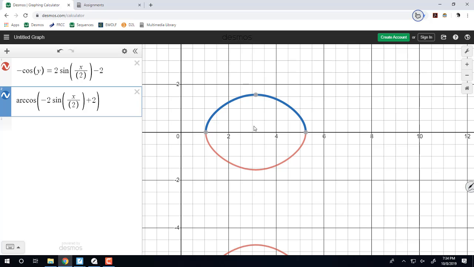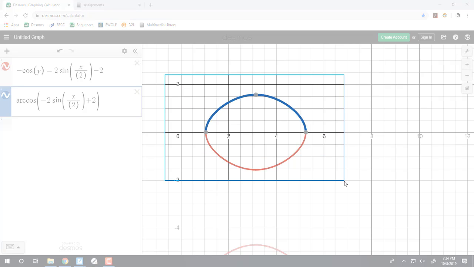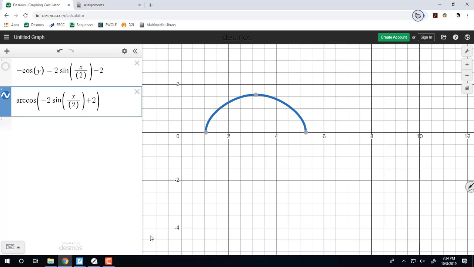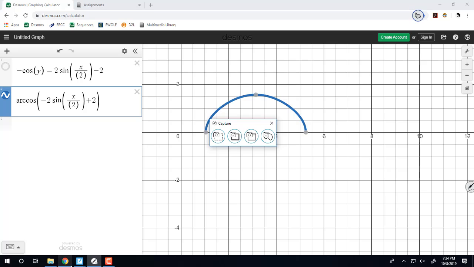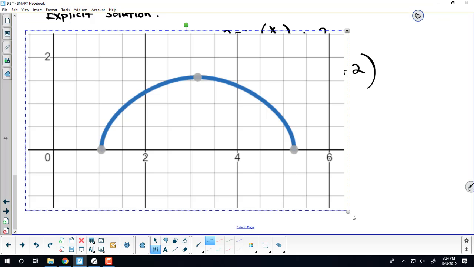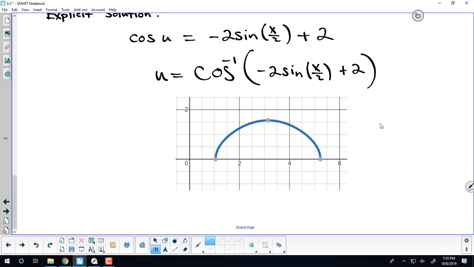But again, we know that we're dealing with this one here. Now we know explicitly we're dealing with only the top half of that round-ish thing. So we can further refine that.